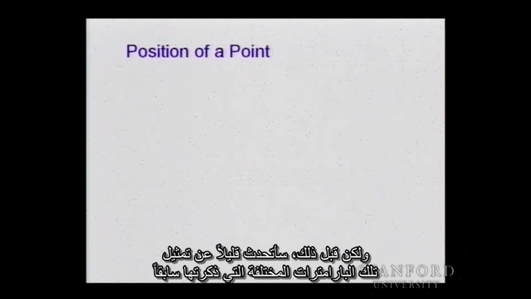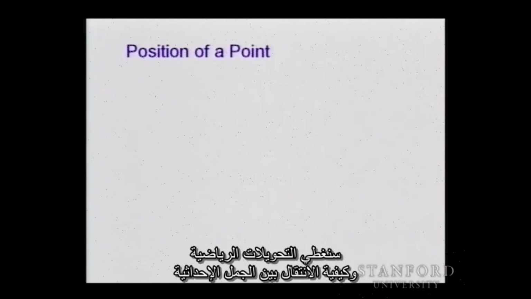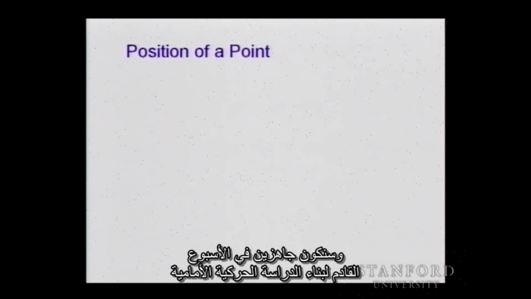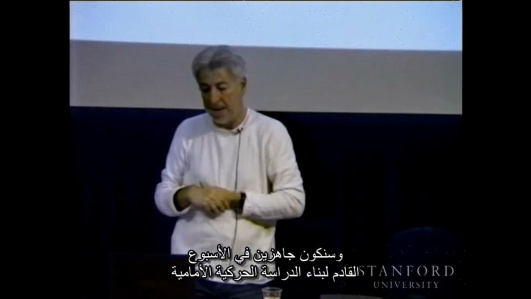But before that, we will talk a little bit about representations of those different parameters I mentioned earlier. So we will talk about Euler parameters, we will talk about Euler angles and direction cosines. And probably this week we will cover all of that. We will cover transformations, how we move between frames. And we will be ready next week to build the forward kinematics.